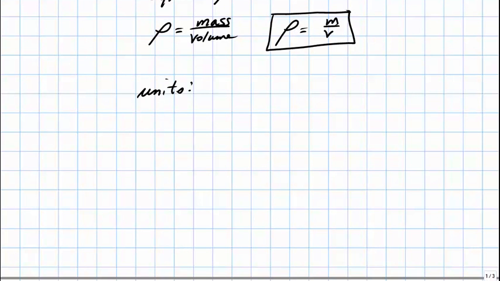Of course, the mass units are kilograms and the volume units are cubic meters. And so the units are kilograms per cubic meter in the SI system. It's important to note that density values are tabulated within our textbook.